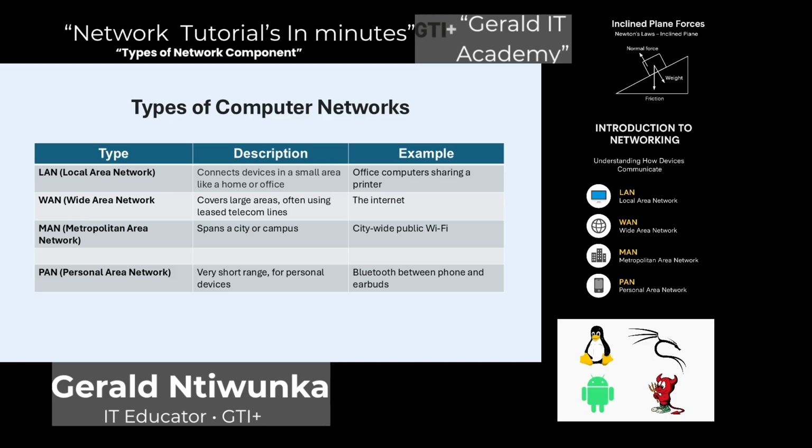We have MAN, metropolitan area network, and PAN, personal area network. We are going to talk about them one after the other. Meanwhile, read the descriptions and examples of these four networks. These are the major types. We have a lot of them.